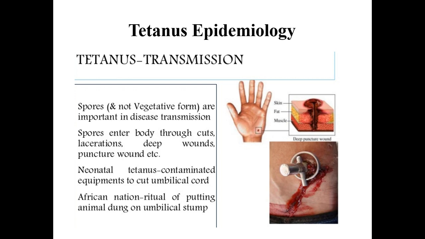Deep tendon reflexes are exaggerated. Autonomic disturbance is maximal during the second week of severe tetanus, characterized by low or high blood pressure, tachycardia, intestinal stasis, sweating, increased tracheal secretions, and acute renal failure.